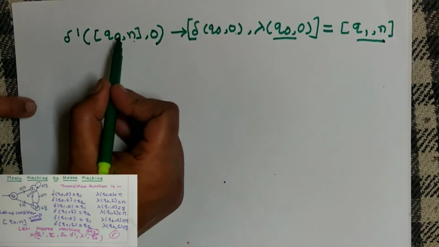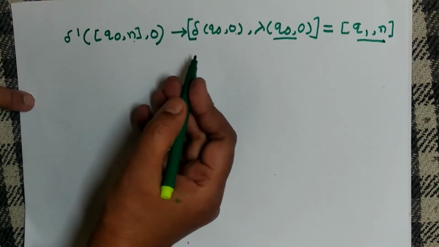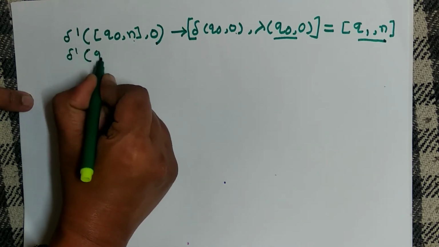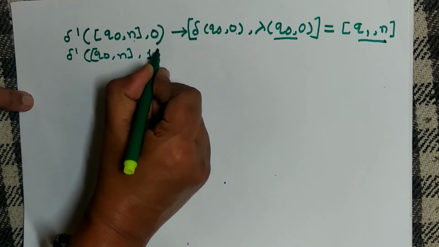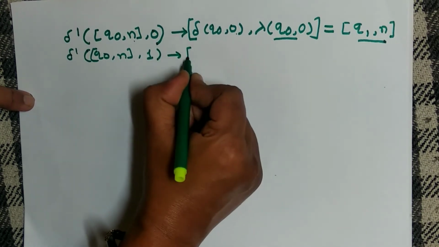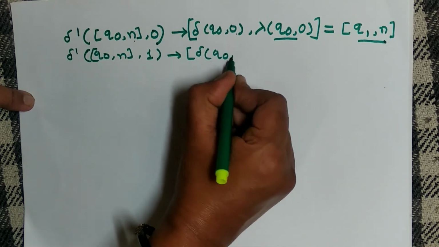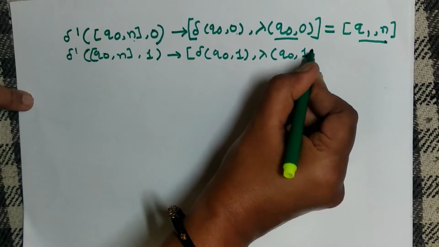So as Q0, n is calculated for the input 0, the next task is to calculate this Q0, n over the input 1. Again, split it into the delta and lambda: delta of Q0 over 1 and lambda of Q0 over 1.